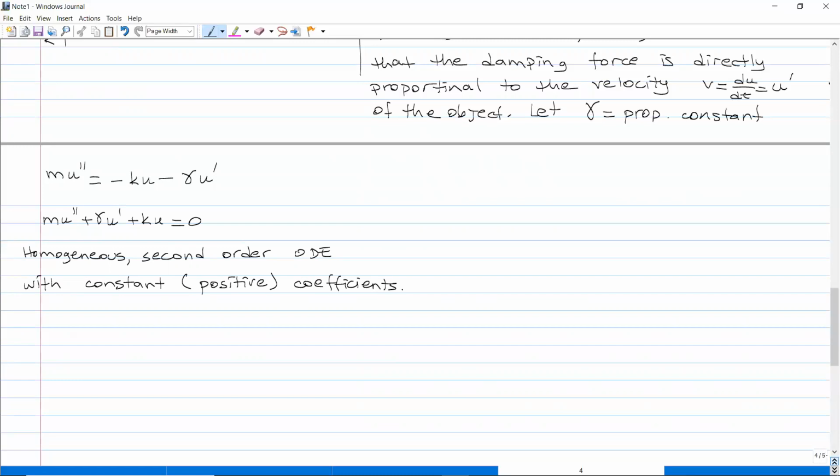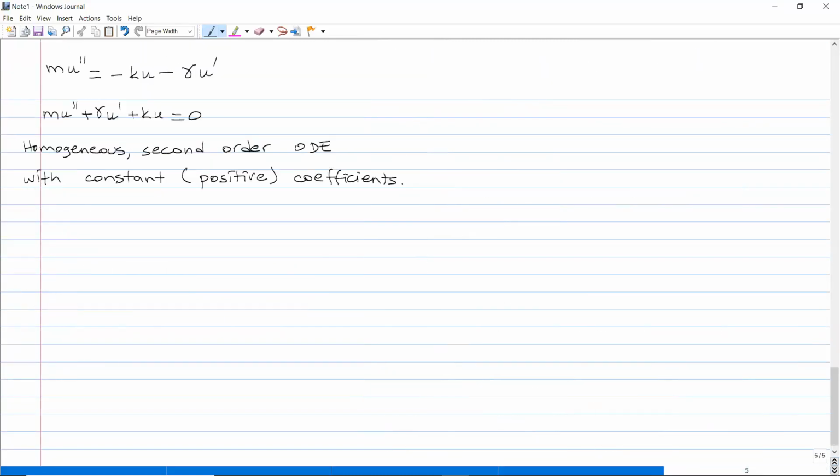So how do we find the solutions? We consider the characteristic equation. The characteristic equation is m lambda squared plus gamma lambda plus k equal to 0.